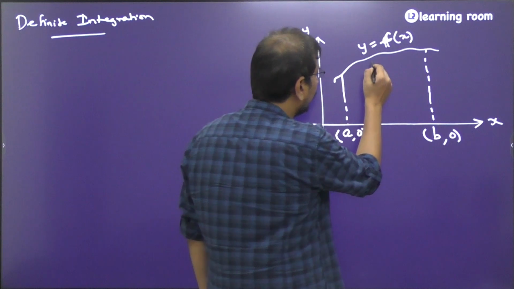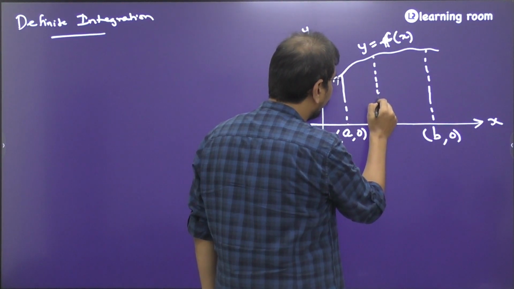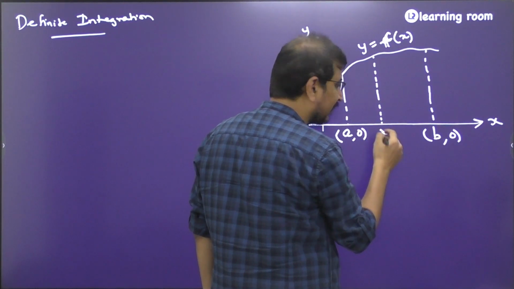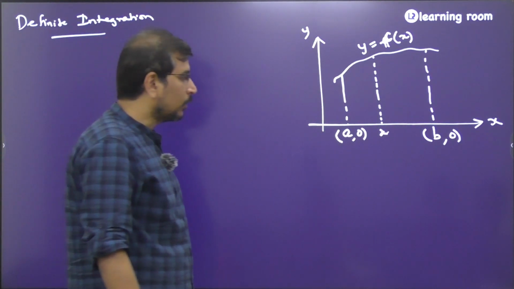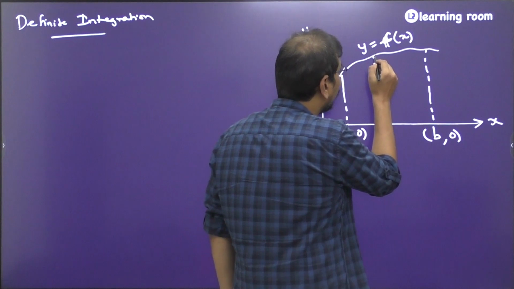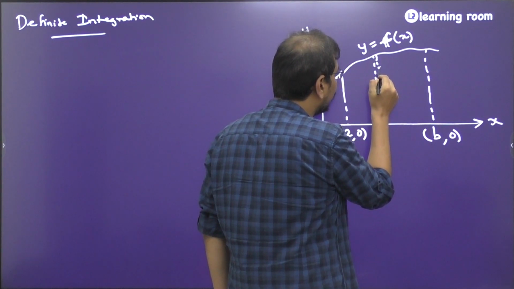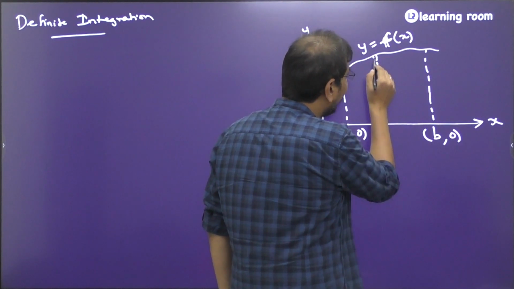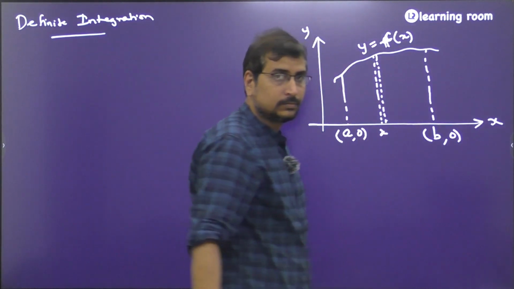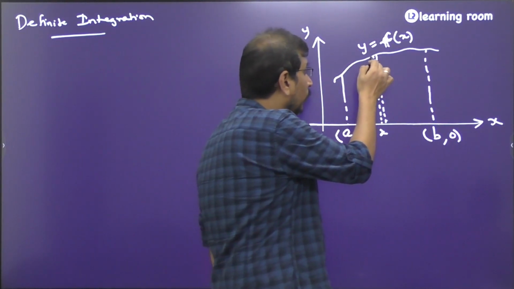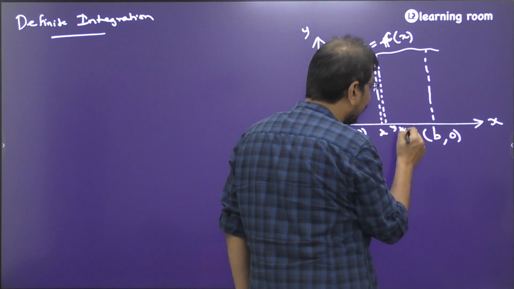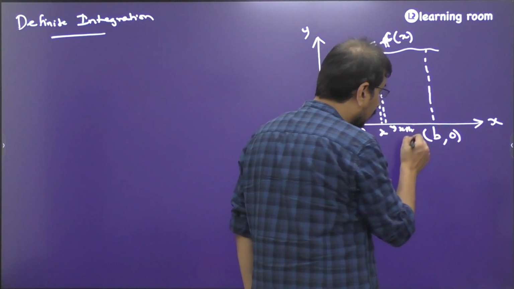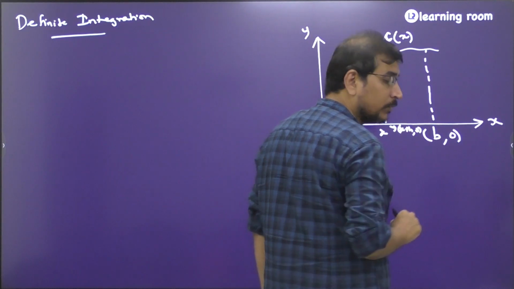Now, if I drop a perpendicular from here and let me call it as some x. Now, I'll take another point which is very close to this point, so that I take that point to be x plus h comma 0.